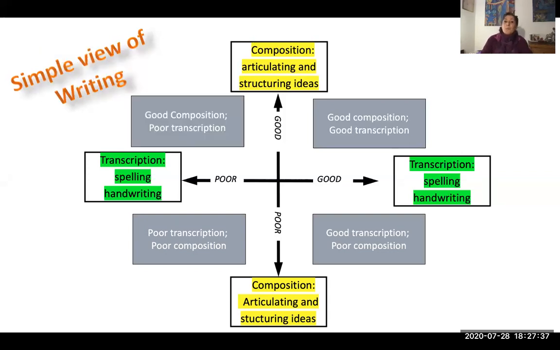And the last group are the children who have wonderful ideas, who can retell stories marvelously well, but they are poor at transcription. They do not have very good spelling and not very nice handwriting. They really struggle. They confuse the letters, or they take a lot of time writing because they don't remember the spelling.